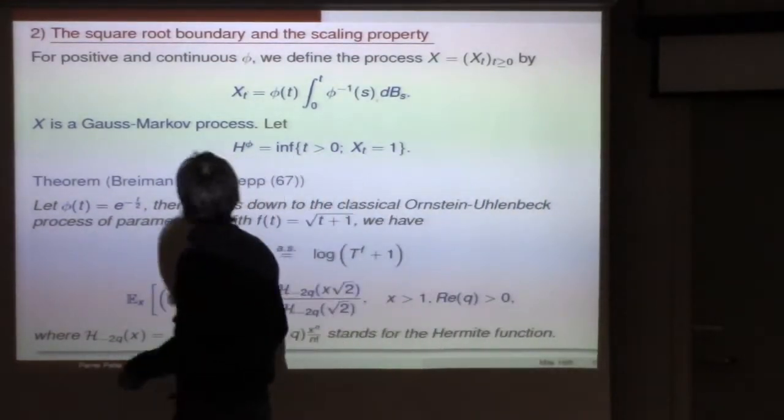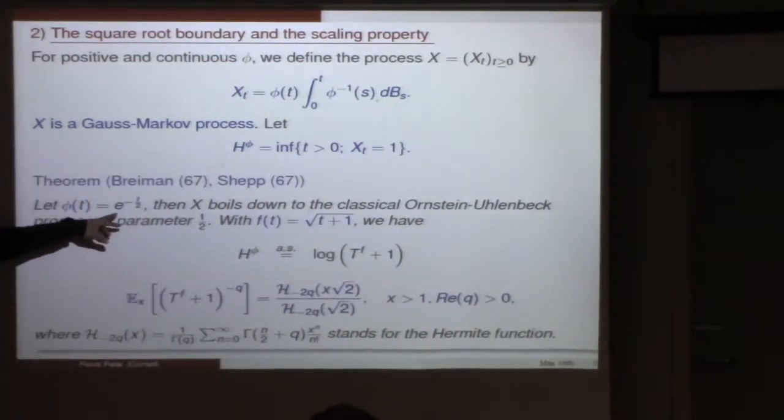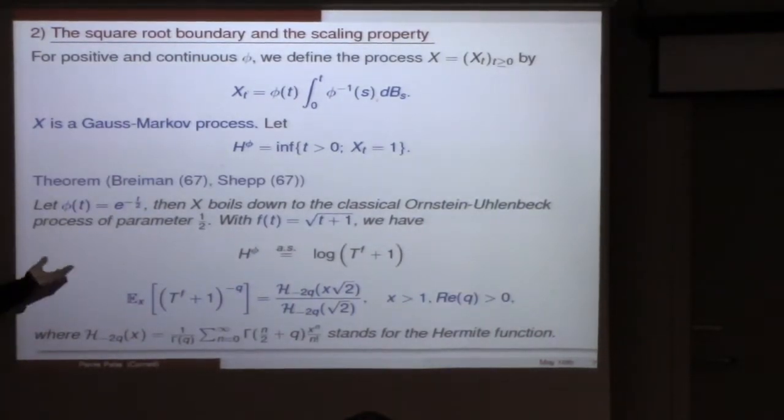So if you consider phi to be the exponential of minus t over 2, then x is simply the classical Ornstein-Uhlenbeck process of parameter 1/2. So x in this case is a linear diffusion, so it's a homogeneous Markov process.